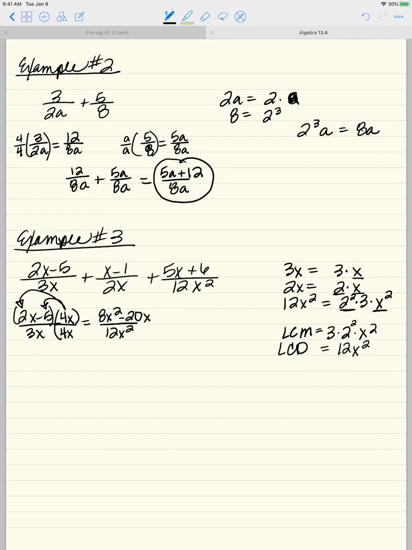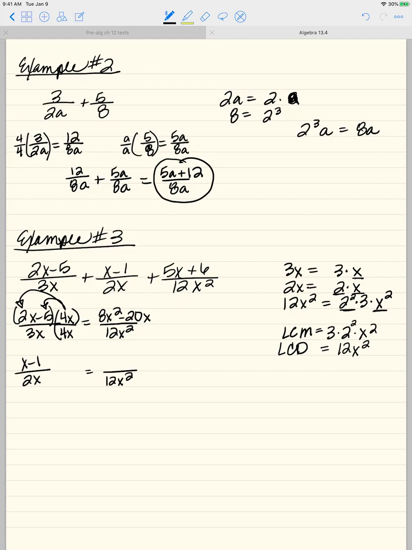Okay, hopefully we're doing okay with this so far. All right, and then we have x minus 1 over 2x, an equivalent expression. Oops, I don't want to put that so close, so I leave myself some room. Equivalent expression of 12x squared in the denominator.